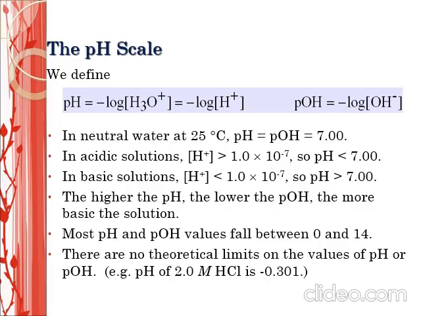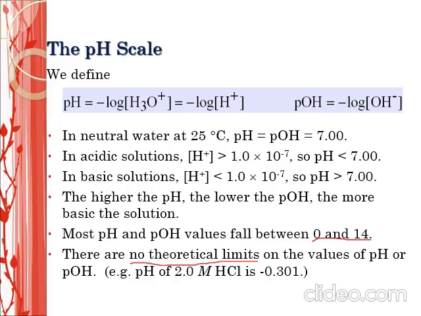Basic, on the other hand, pH more than 7. And 7 means neutral. So the scale of pH will be between 0 and 14. However, there is no theoretical limit on the value of pH or pOH.